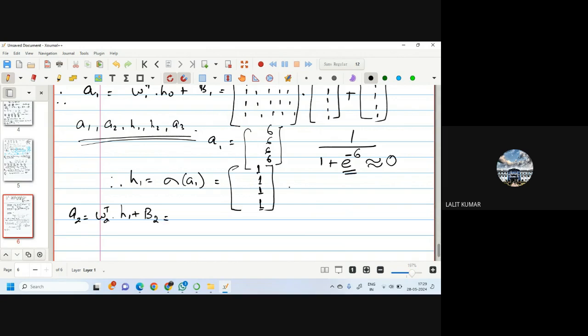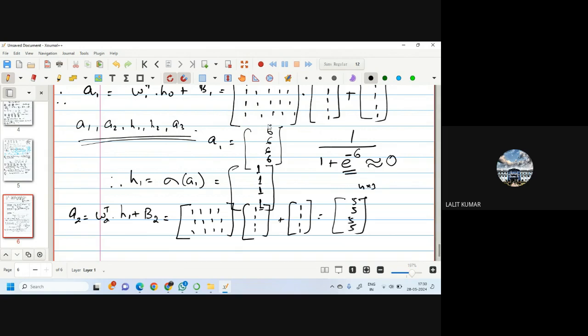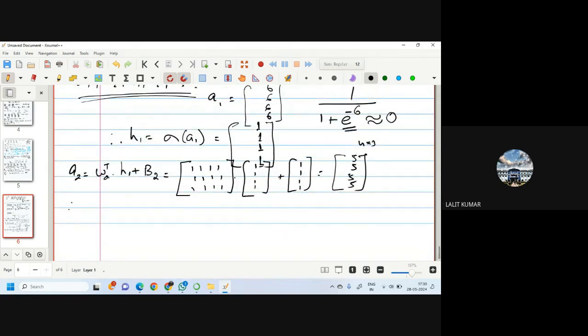So W2 is 4 into 3, so this will become 3 into 4. This will become 4 plus 1, 5. This also becomes 1, 1.